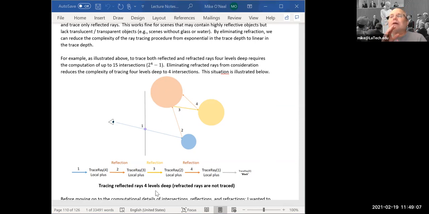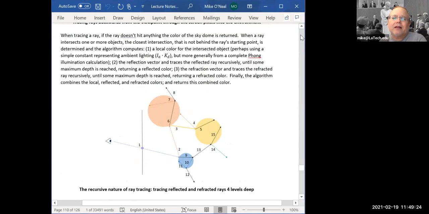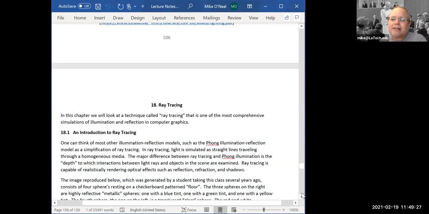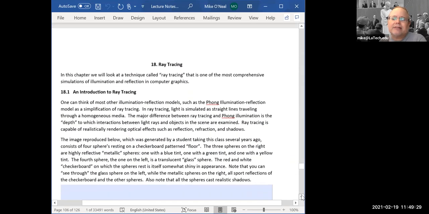And you could even get really clever if you had a situation where you had some objects that were reflective and some objects that were refractive. Like Hunter probably did, for speed, he probably only traced reflected rays.